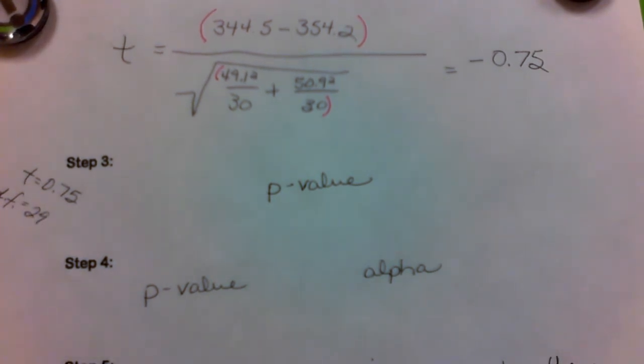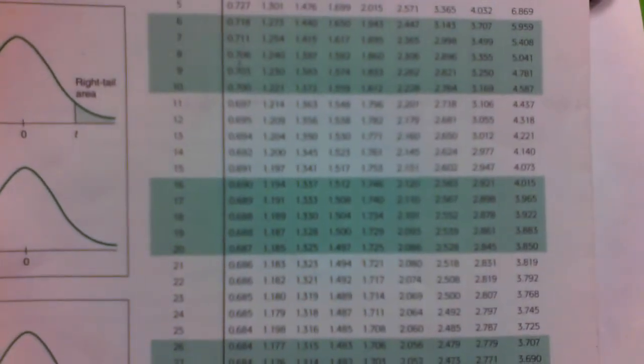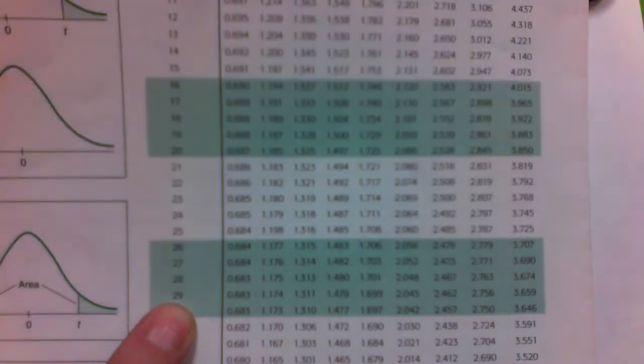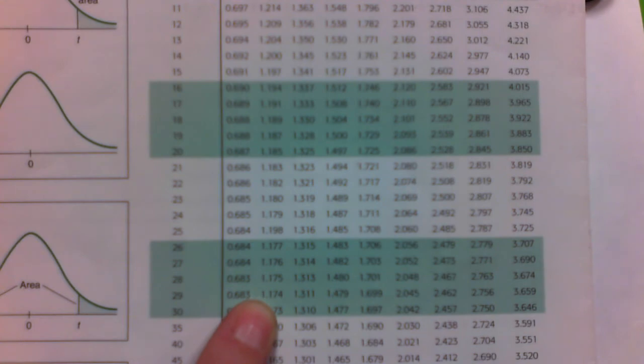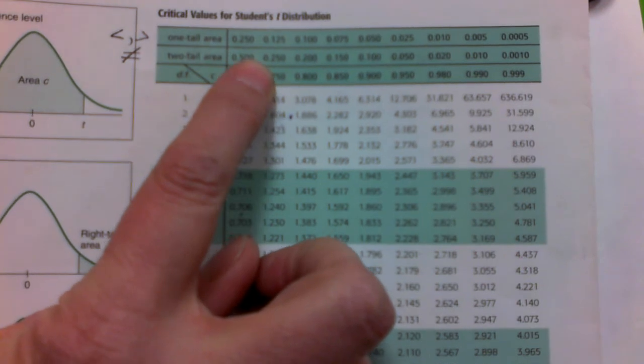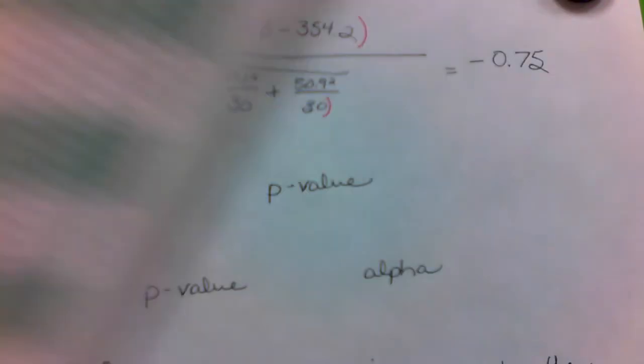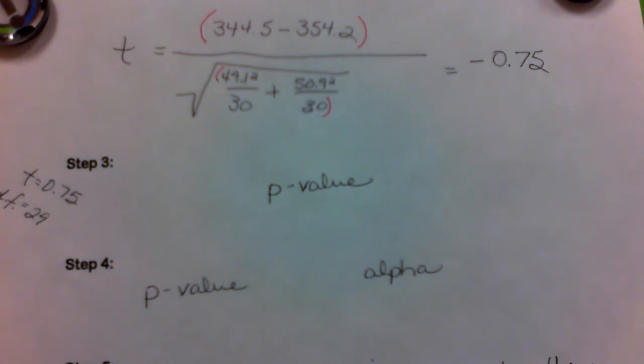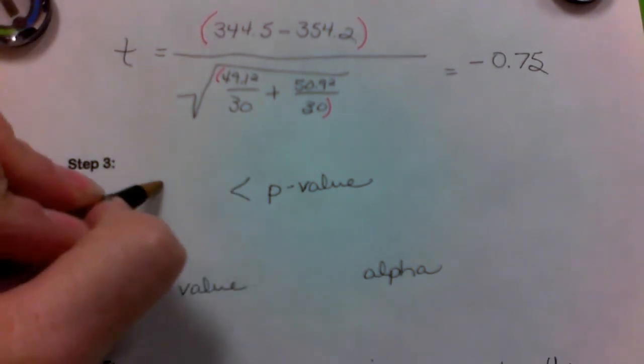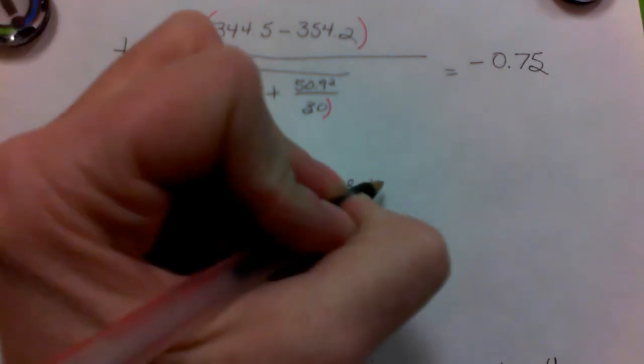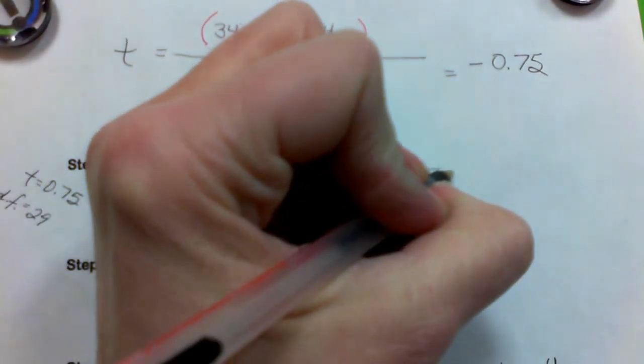So we are going to look for 29 and 0.75. Here 29 is actually on the table, with a two-tail area, and 0.75 is very easy. It's in between the first two numbers. So I'm going to travel up between these first two numbers to the two-tail area, and I get 0.5 and 0.25. So my p-value is between 0.25 and 0.5.